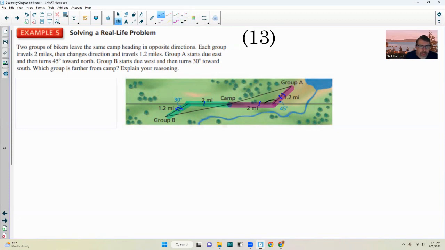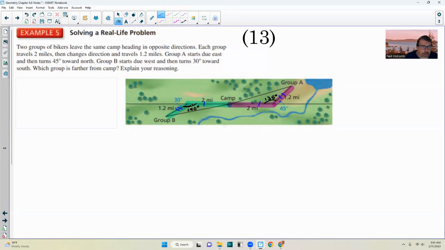Now, if this outside angle is 45 and this is a straight line, then this angle is a supplement to it, or 135 degrees, because 135 plus 45 is 180. If this is 30 degrees, then this angle here is 150 degrees.